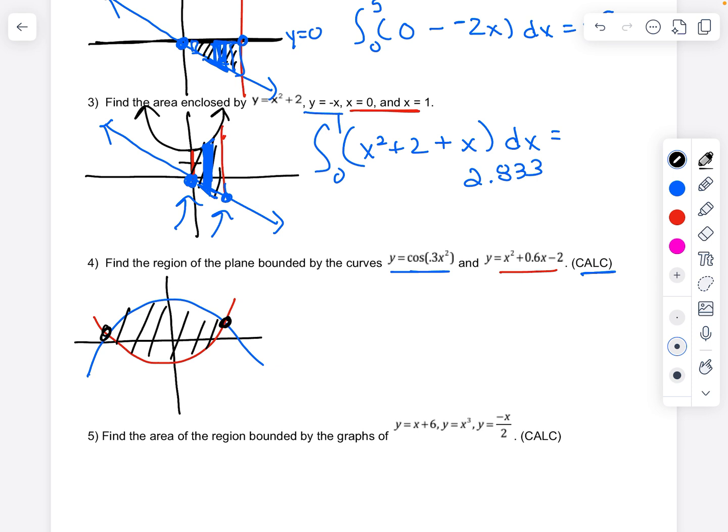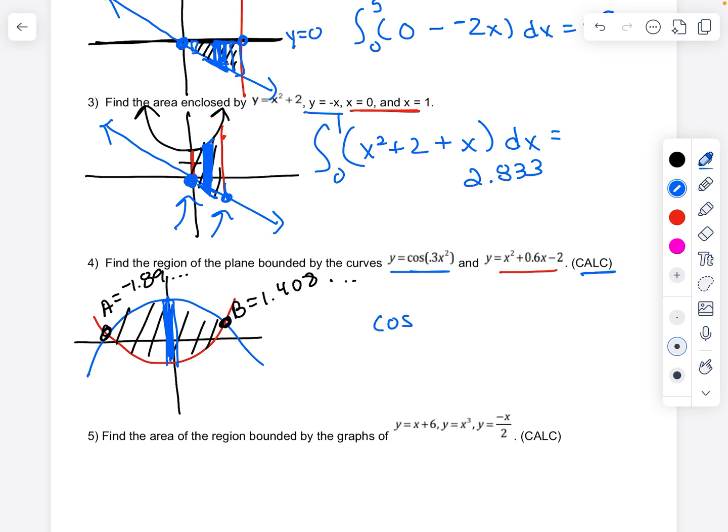So step one is we need these points. So you're going to find the points of intersection on the calculator. I'm going to store this number as A. It ended up being like negative 1.89 something. And then this number I'm going to call B. It was 1.408 something along those lines. So those will be my bounds. Here's my rectangle. Just draw in a rectangle. So notice the height of the rectangle is always the blue minus the red.